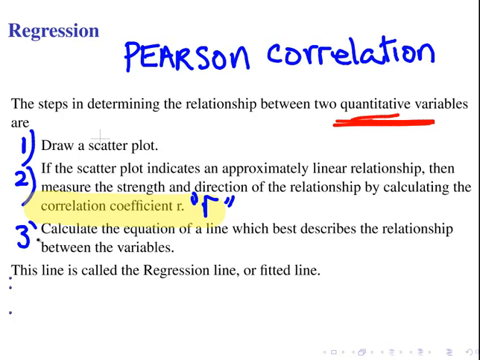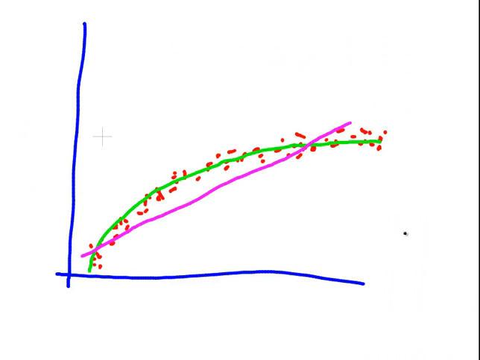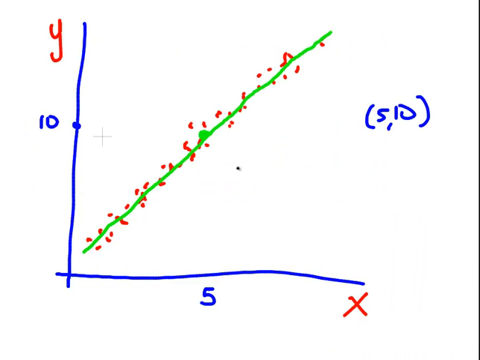The third step is to calculate the equation of a line which best describes the relationship between the two variables. This is called a regression equation, a regression line, or fitted line. Essentially, it's a mathematical formula.